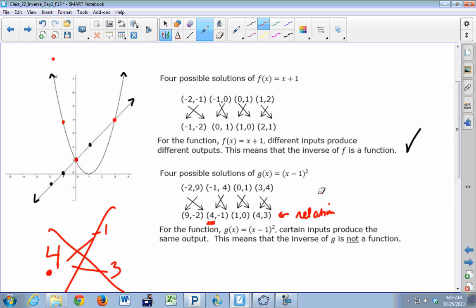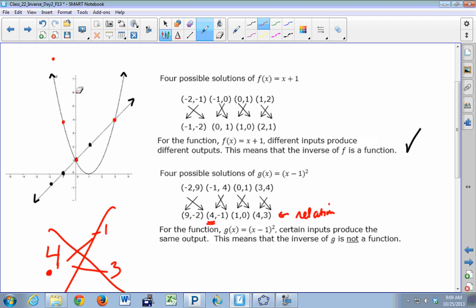If you're thinking about it, you just say, if I put in a different value for x into my original function, will I always get out a unique output? Anytime you have a straight line that's always increasing, you're going to have an inverse function. If you have a straight line that's always decreasing with a negative slope, you will have an inverse function.